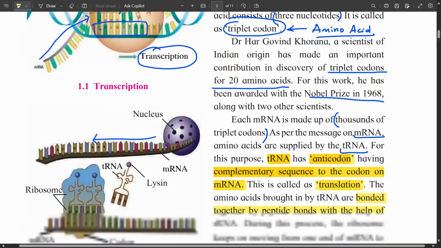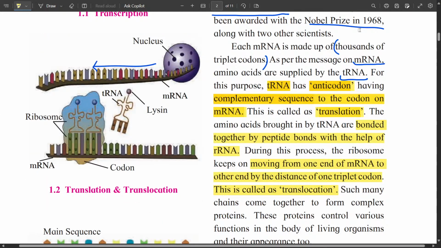Then there is tRNA, which supplies the amino acids as per the triplet codons on mRNA by forming the anticodons, which are complementary sequences to mRNA.